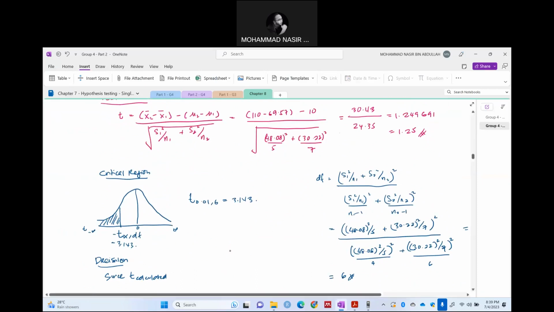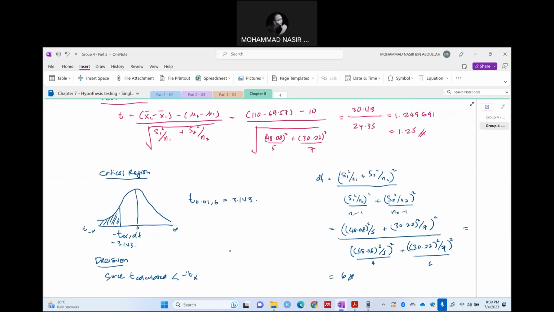So this is not less than negative T alpha with 6 degrees of freedom. So the null hypothesis is accepted. Since the null hypothesis is accepted, we don't have enough evidence to support mu2 minus mu1 less than 10.